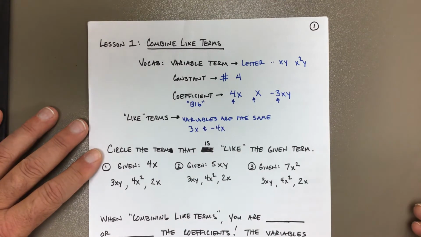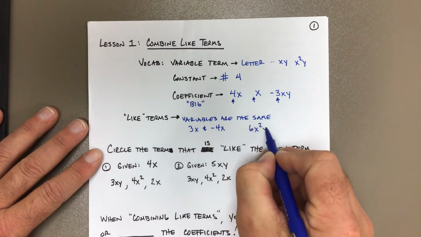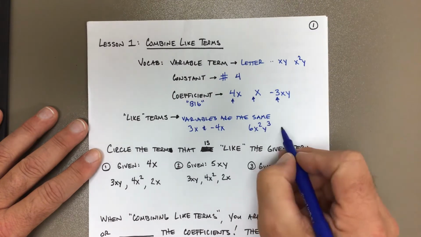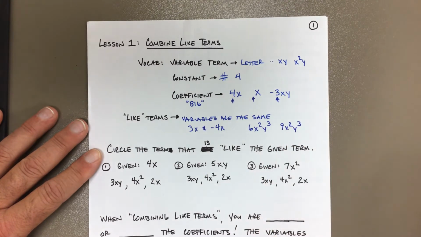Those are like terms. It could be 6x squared y to the third and 9x squared y to the third. Those would be the same. Those are like terms.